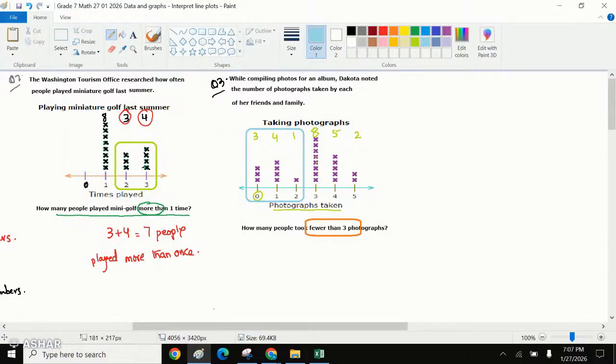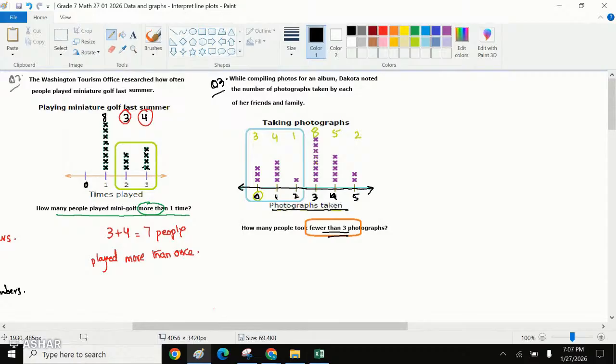It says on the horizontal axis that this information shows how many photographs were taken. This was 0, this was 1, this was 2 pictures, and 3, 4, and 5. But they're asking us less than 3.